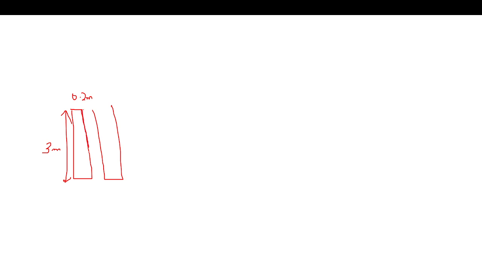So here the air will be flowing through the surface area. Surface area of a cuboid will be 0.2 into 3 into 4. 12 into 0.2, 2.4 will be the surface area.